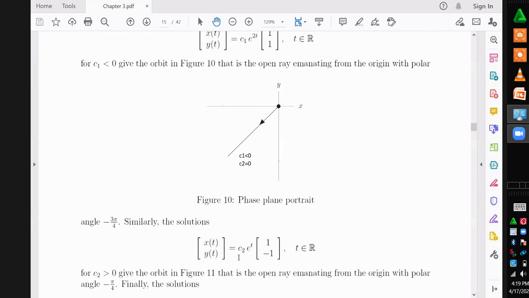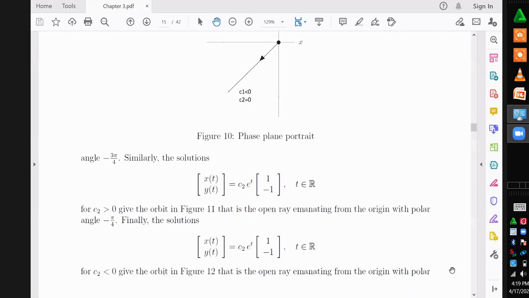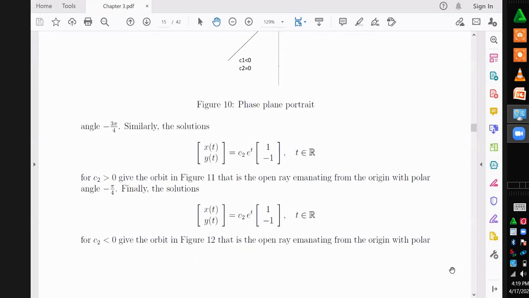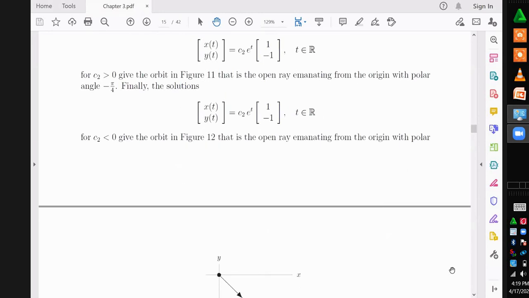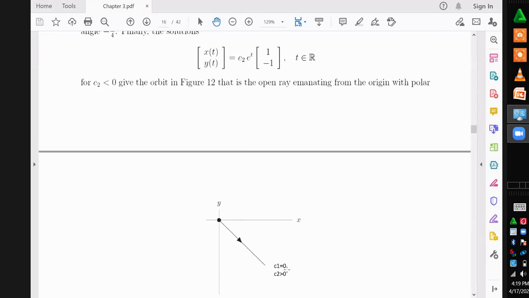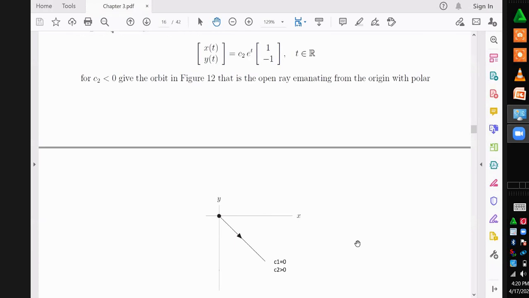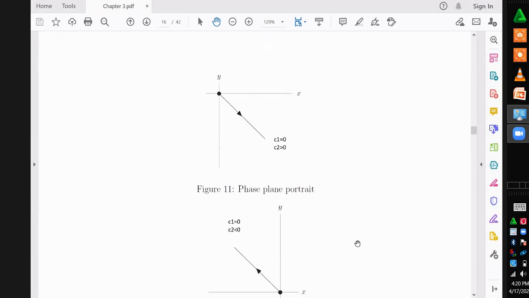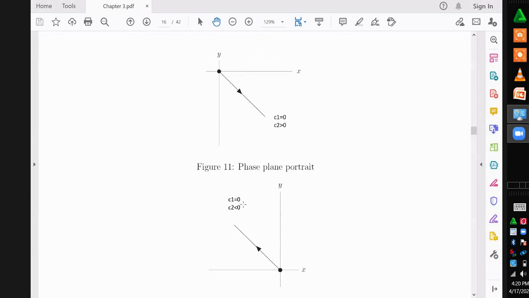Also, if C1 is 0 and C2 is greater than 0, then the graph of the solution is for C1 equal to 0, C2 greater than 0. This is the solution curve. This is the parametric curve of solution x and y. For C1 equal to 0, C2 less than 0, this is the solution.